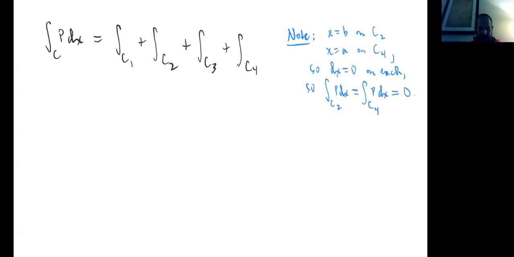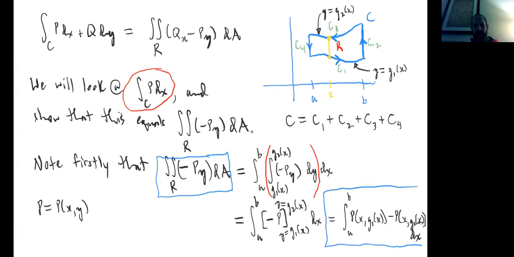But what about C1? Well, we have to parametrize C1. How are we going to parametrize that thing? Let me go back for just a second to what we had before. How would I parametrize C1?